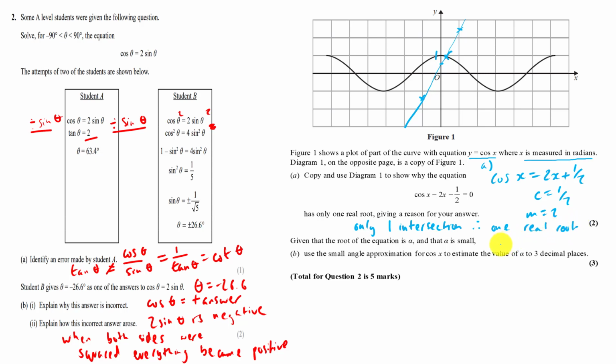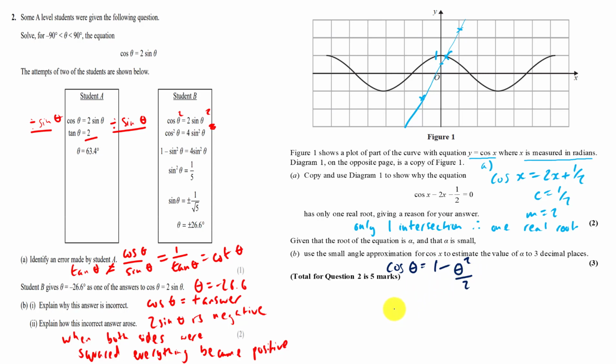B, use a small angle approximation for cos x to estimate the value of alpha to 3 decimal places. Now, what do we remember? We need to remember the cos theta approximation. So cos theta equals 1 minus theta squared over 2.